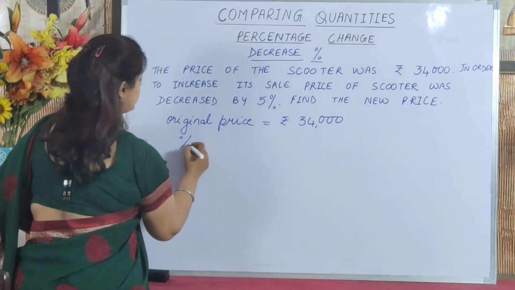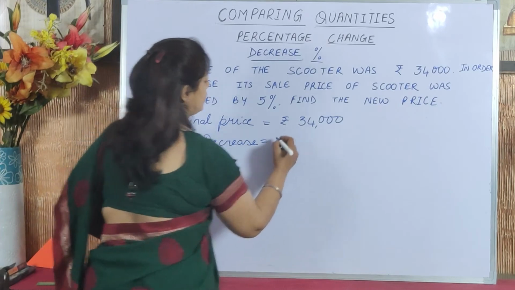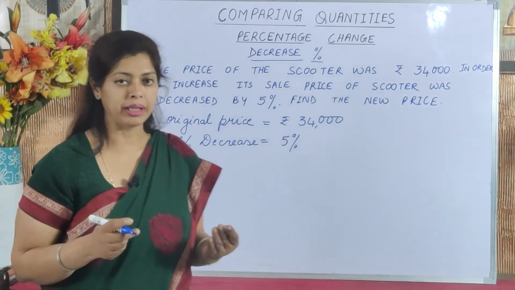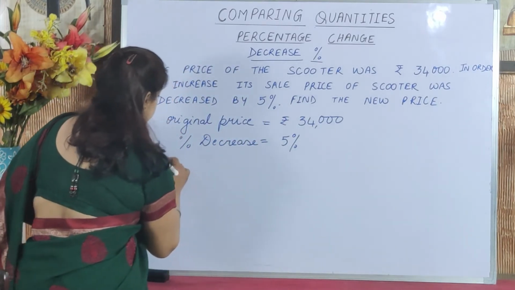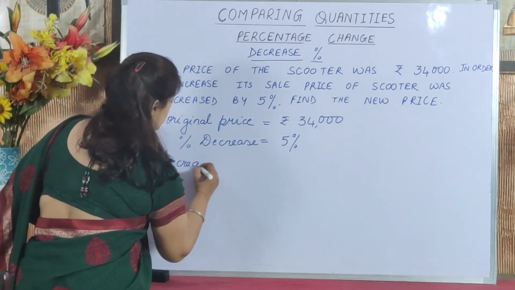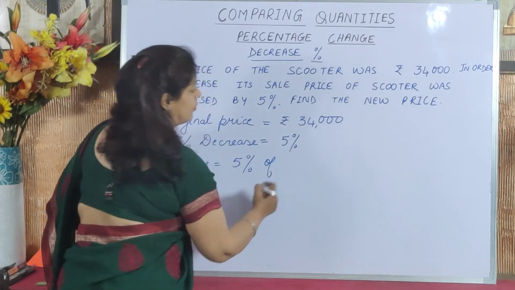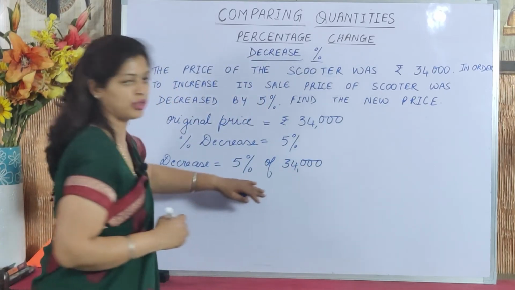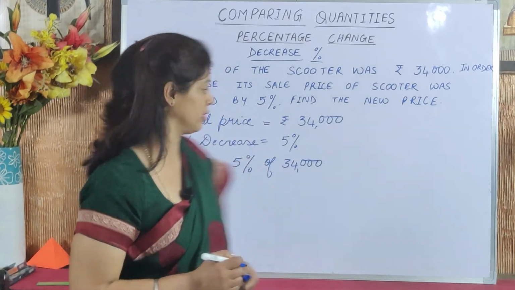And the percentage decrease is equal to 5%. So the amount of decrease can be calculated as percent of a number, so decrease will be equal to 5% of 34,000. So you can calculate the actual decrease and then subtract it from the original amount, which is 34,000.